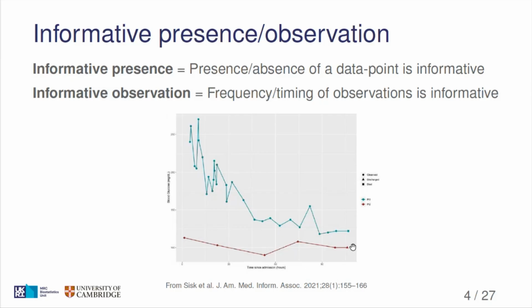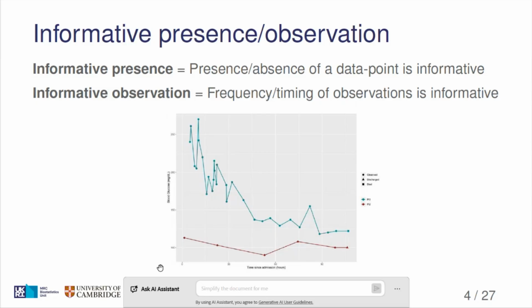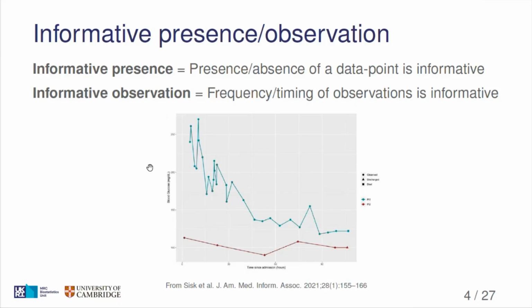And that's illustrated by this graph, which I've taken from a paper by Sisk et al. So these are blood glucose measurements in an intensive care unit, and the two traces are from two different people. And you can see that the red person on the bottom has much lower blood glucose measurements and much more regular, less frequent measurements. And then the person in blue has very high blood glucose initially.